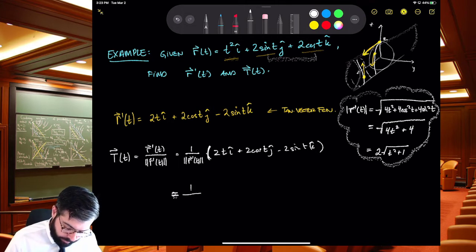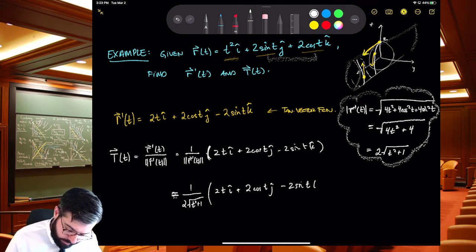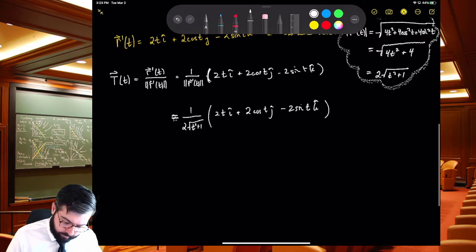This is really 1 over 2 radical t squared plus 1, all times 2ti plus 2 cos tj minus 2 sine tk. This becomes what? T over.